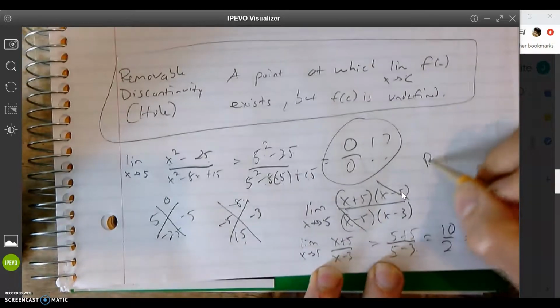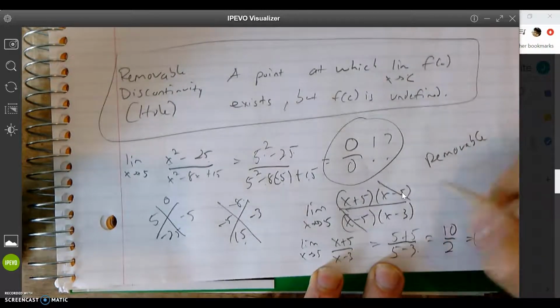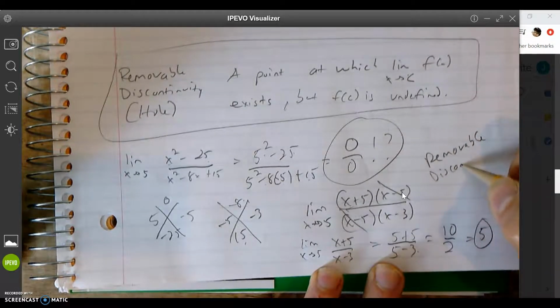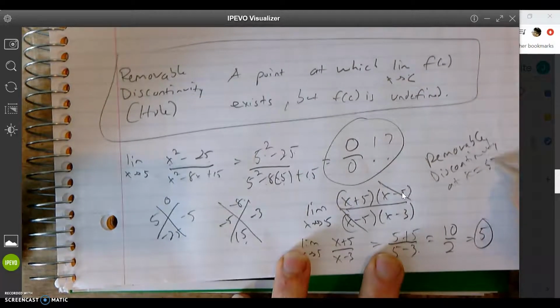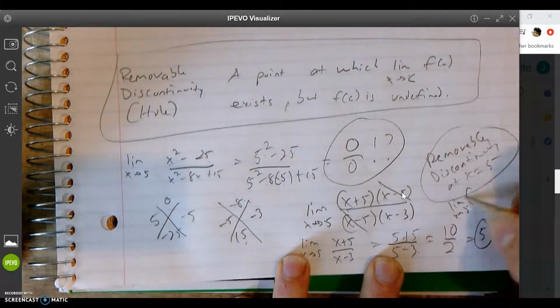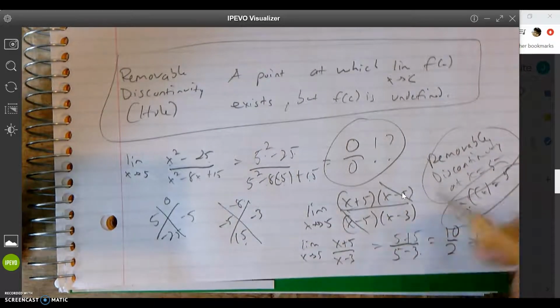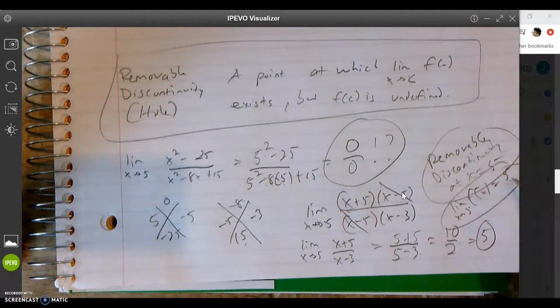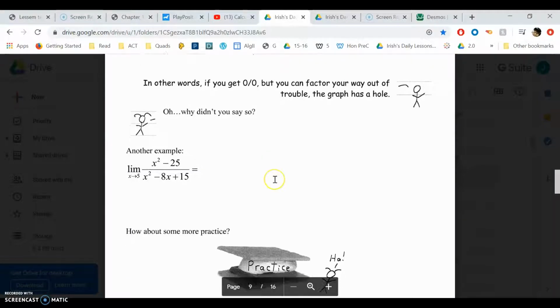We have a removable discontinuity at x equals 5. And the limit as x approaches 5 of f of x equals 5. Cool. So there's a hole at 5, and the y value that approaches from the left and right is also 5. Cool.